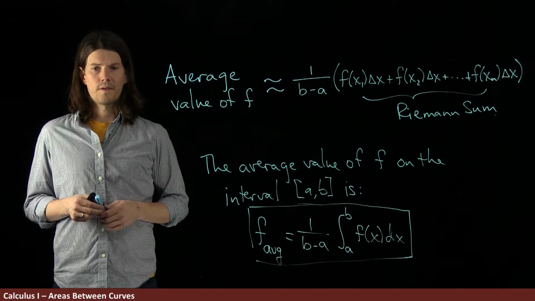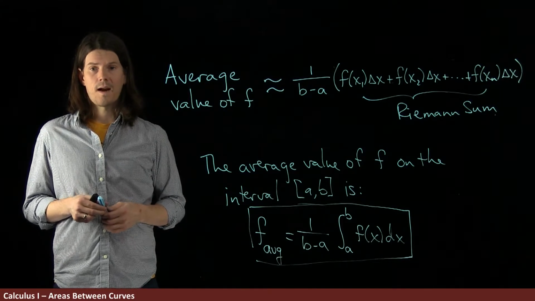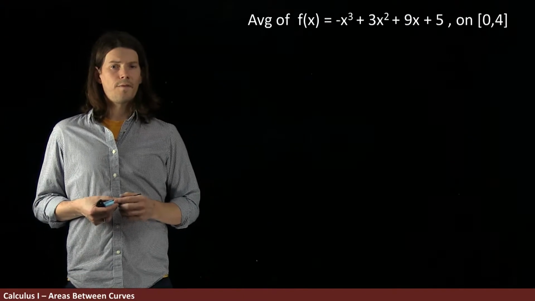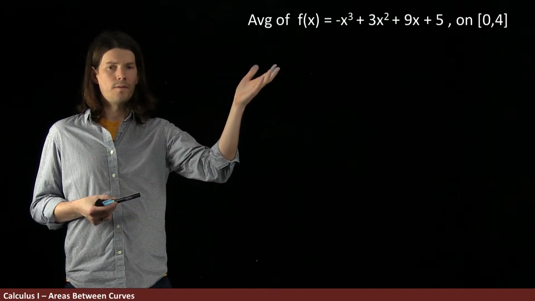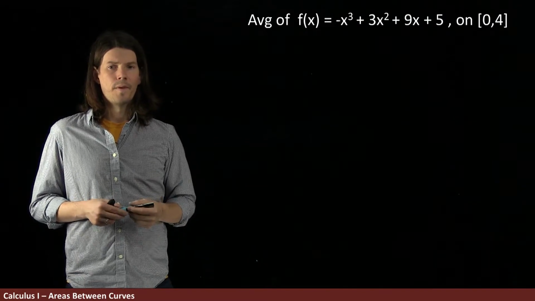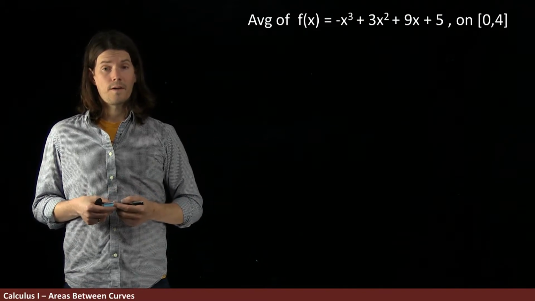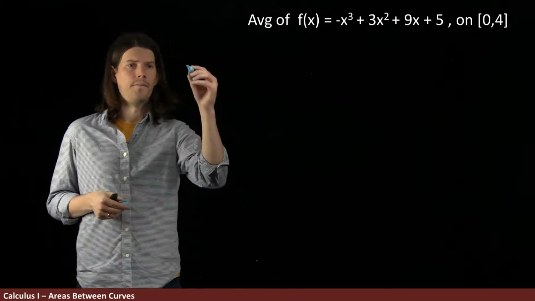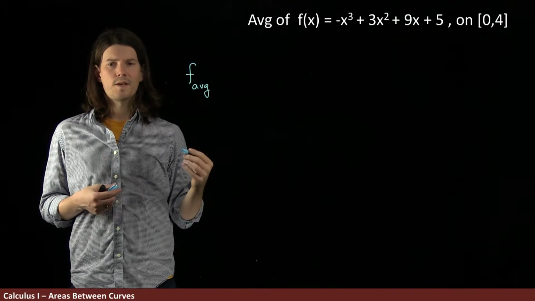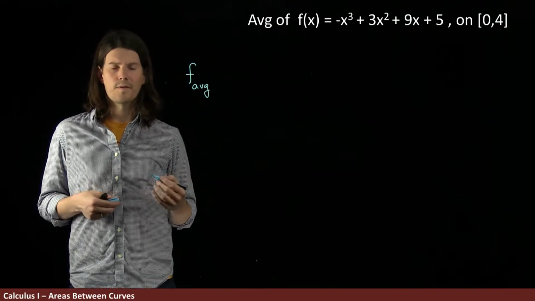Let's go back to that previous problem and see if we can find out the exact average value of that function on the interval. So again, we're looking to find the average value of this third degree polynomial function on the interval 0 to 4. We've just seen a formula for how to compute that. Let's apply it. So my notation here is f sub avg for the average value of f.